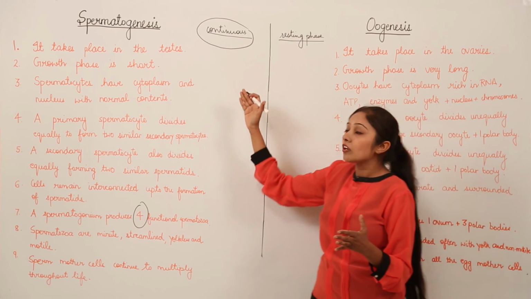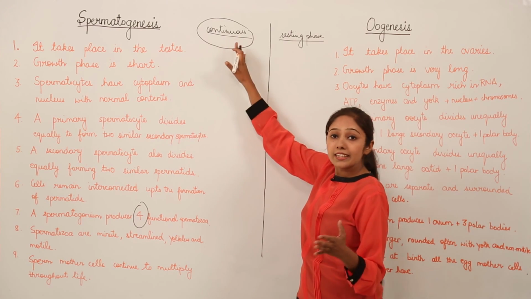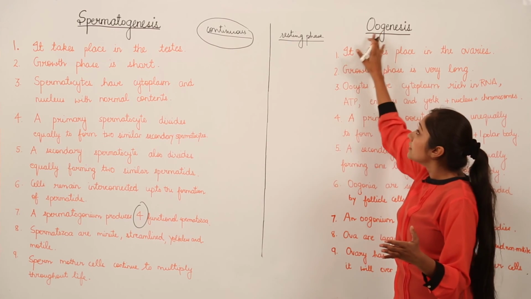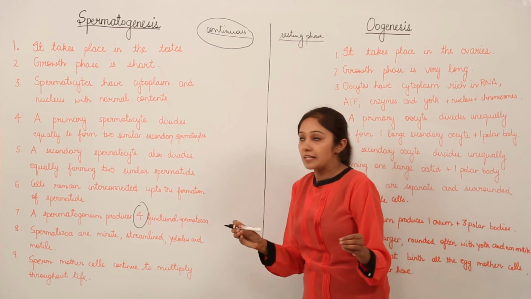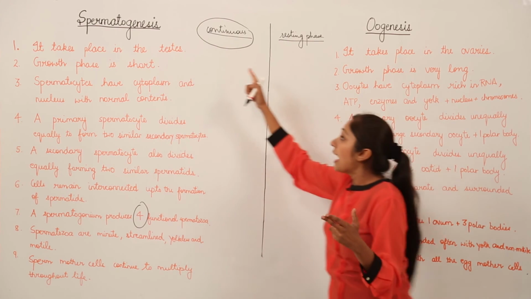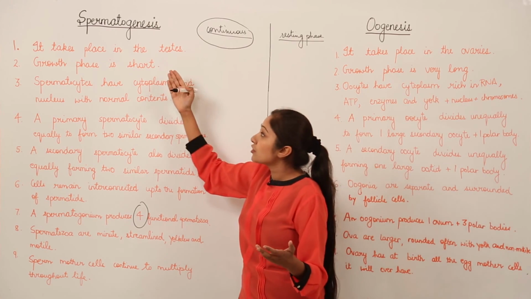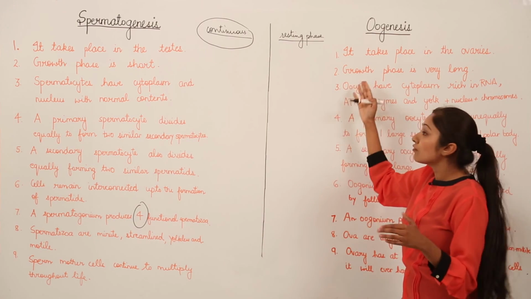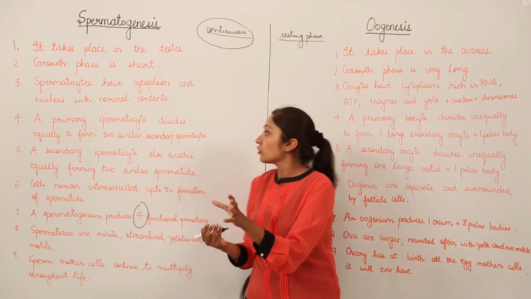So, let us recall all the points of difference again. We were talking about spermatogenesis, which is a continuous process, and oogenesis, which is not continuous since it has a longer resting phase. It takes place in testes because we are talking about males, and it takes place in ovaries, that is female gonads. Then the growth phase is shorter here, and here the growth phase is of longer duration. It can take a few days to many years also.